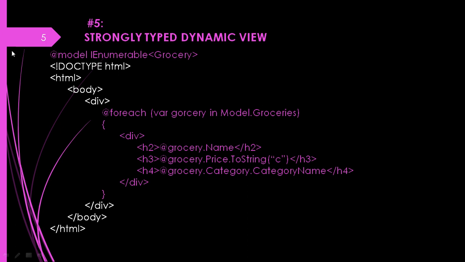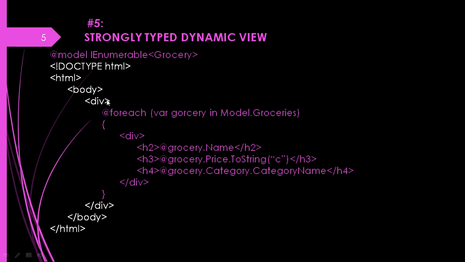Here you can see @model IEnumerable<Grocery>. This means that we have to include the type of the object that is going to be passed in as part of this view. The data is going to be received by the view. This is the model, that is IEnumerable<Grocery>, which we are passing as part of this view on top of it.